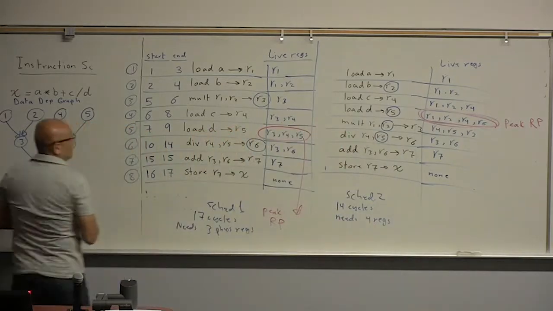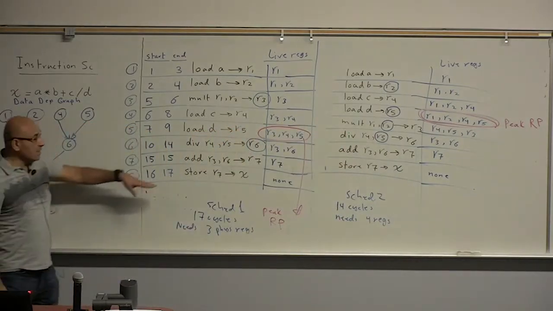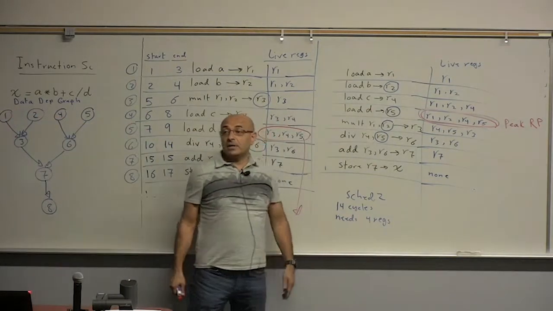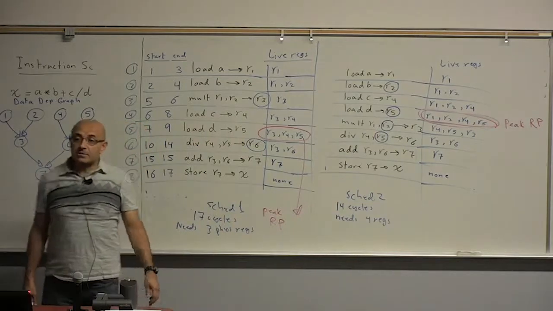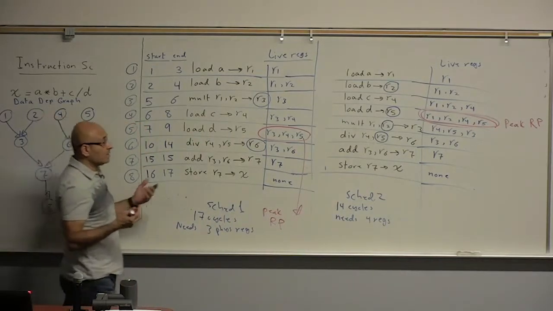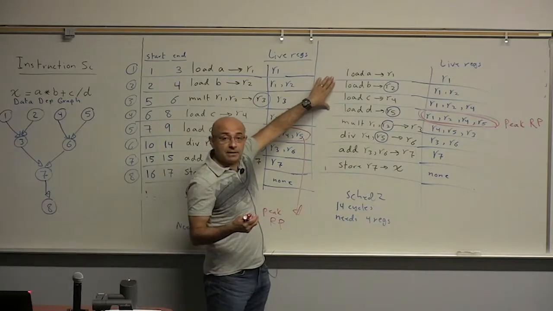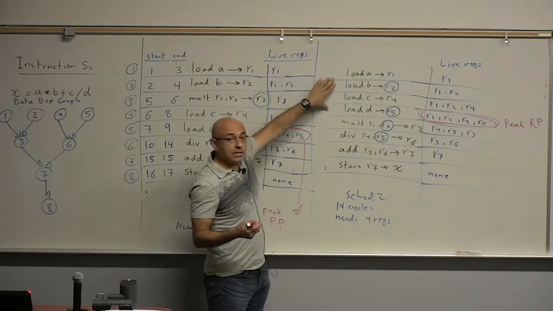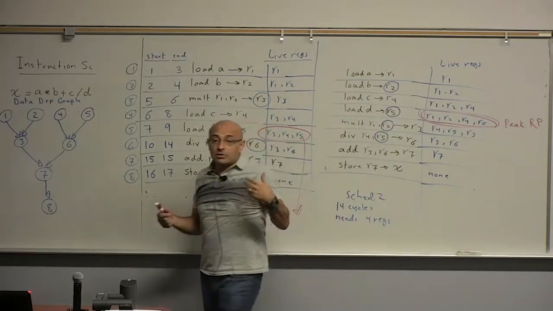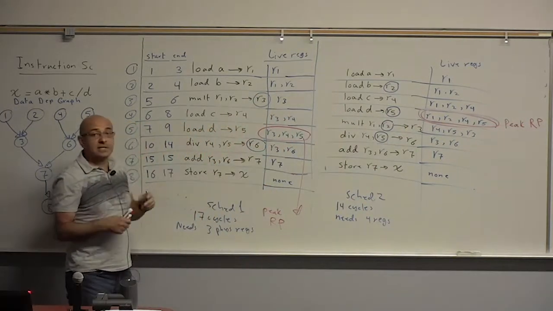So basically, reducing the number of cycles required more registers. Nothing comes for free. And this is very intuitive, because here you are doing more things in parallel. You are doing 4 instructions in parallel. You need 4 registers. You need containers to store the results of these.